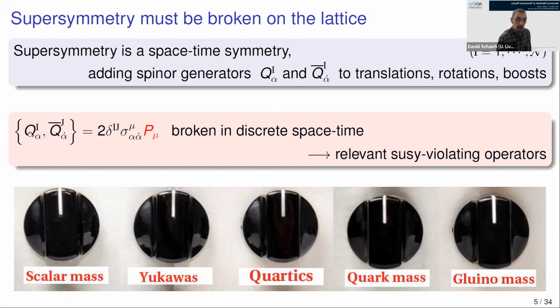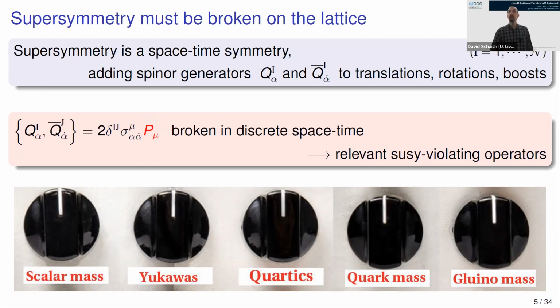And specifically in the super Poincare algebra that results, we have relations like the anti-commutator of these Q and Q bar supersymmetries producing the generator of infinitesimal translations, the momentum, which simply does not exist when we have a discrete space-time without these infinitesimal translations present.